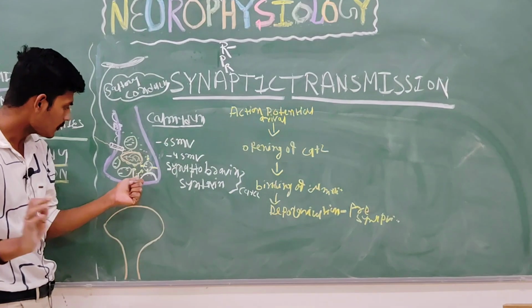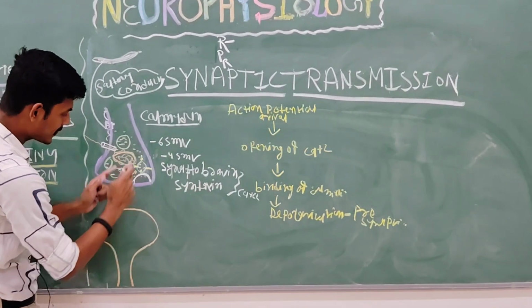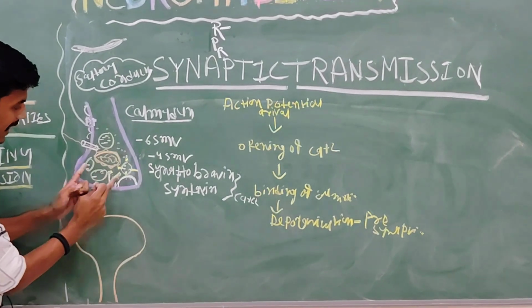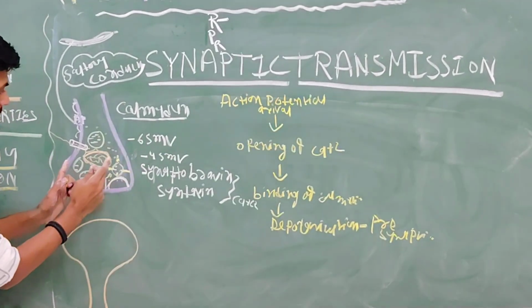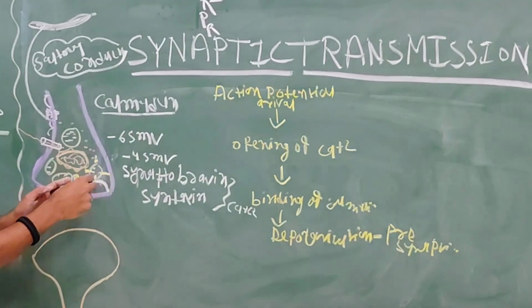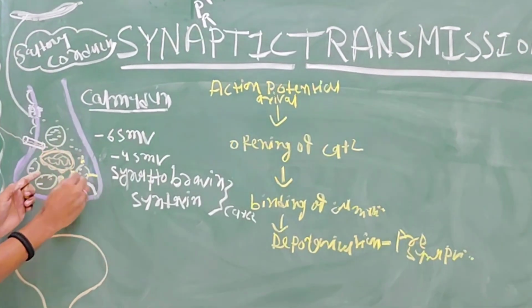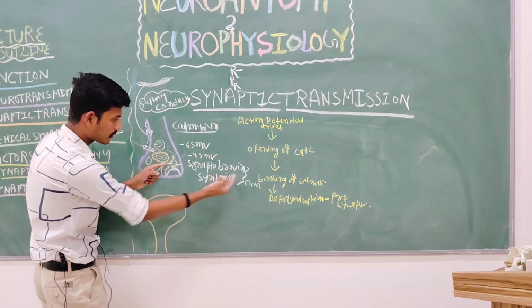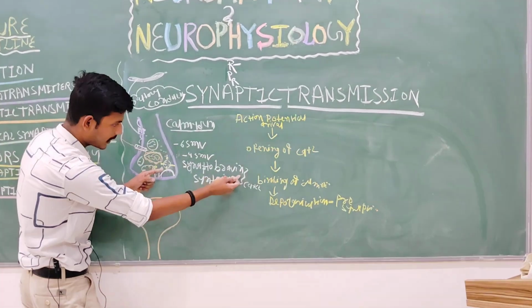Now come. The syntaxins are present in the membrane, and they have, you can say, the ligand part, where calcium loves to fit. Once calcium fits, the membrane becomes stimulated.